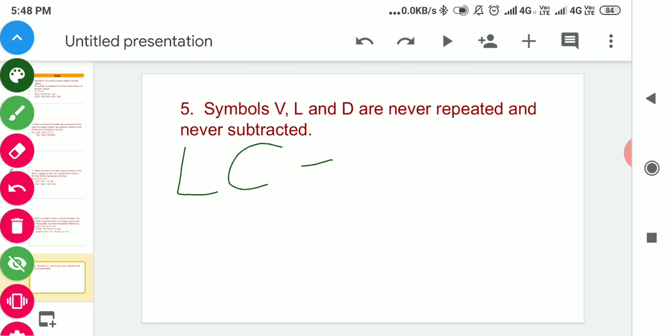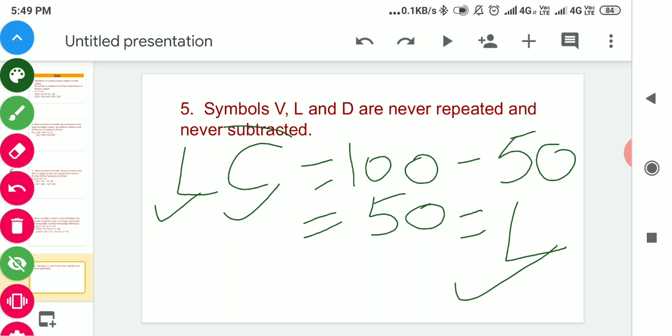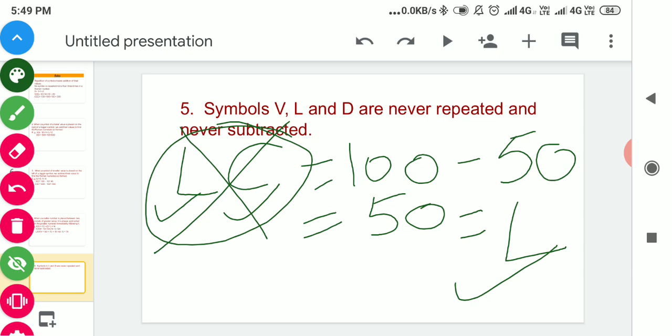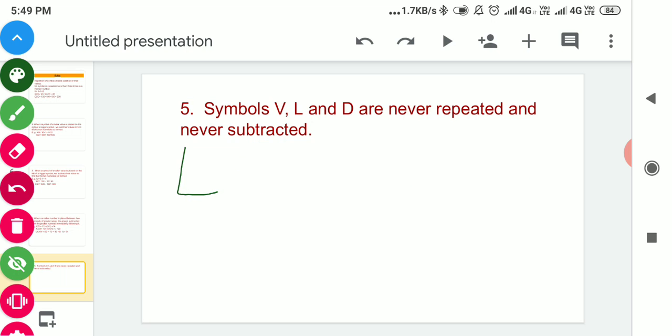Let us take another example. LC. According to rule number 3, when a smaller value is placed to the left of a bigger value, we do subtraction. So we will subtract this L, 50, from this bigger value C, that is 100. The answer will be 50. And we know that 50 denotes the letter L. So this number 50 cannot be symbolized as L and LC also. It means this is wrong. So we cannot subtract L. And similarly, we cannot subtract D also.